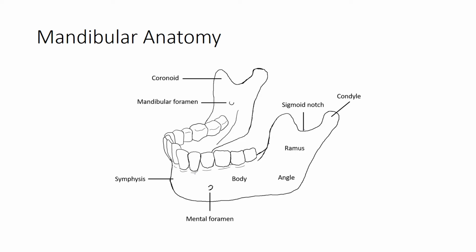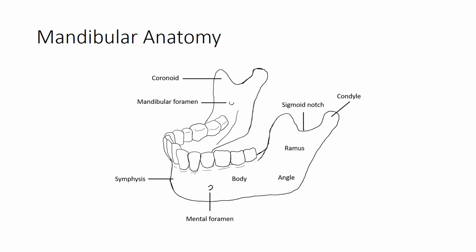All right, so just to round out the anatomy, this concavity between the condyle and the coronoid right here is termed the sigmoid notch. You can get isolated coronoid fractures. These are quite rare. And that pretty much covers the anatomy.